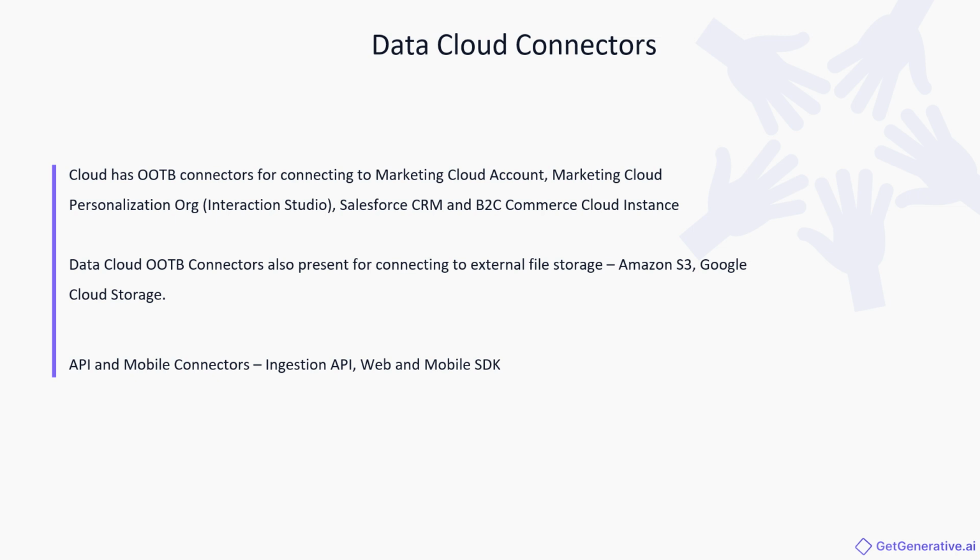You have connectors with external file storage, such as Amazon S3, Google Cloud Storage, Azure Buckets. You have connectors, or I would say mechanisms, to integrate with your website, mobile SDKs, or any other platform using the Ingestion API. Are you going to go into details for each of them?